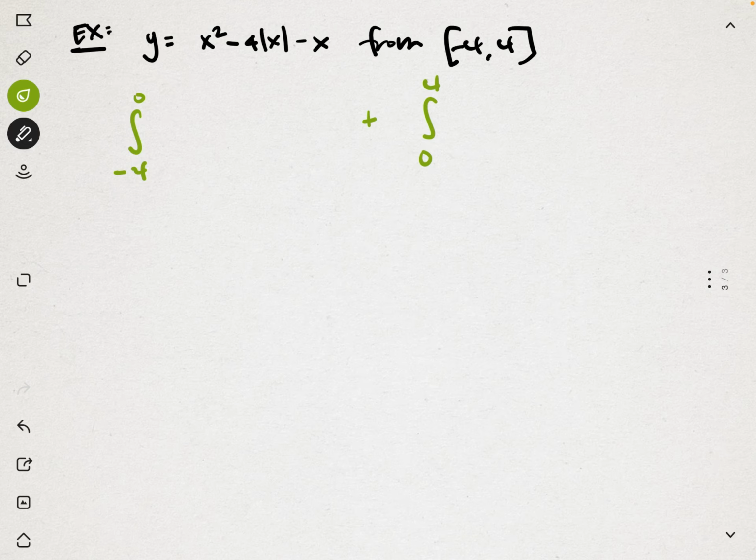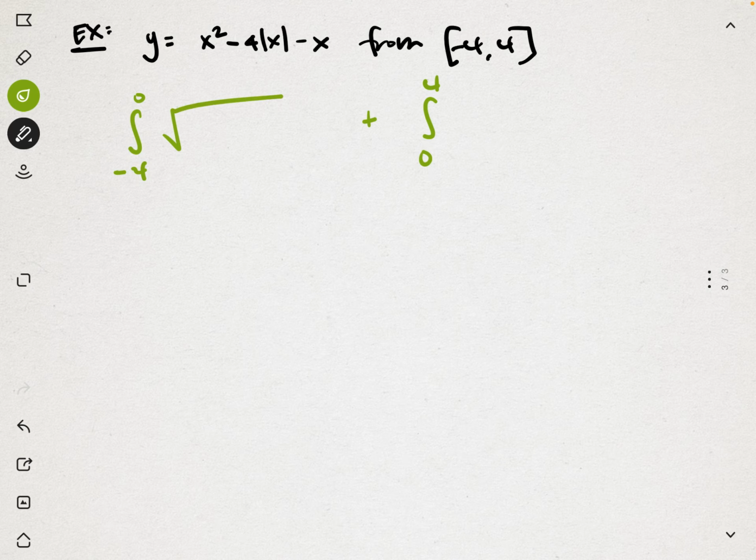And then we're going to set this up as the derivative. I don't know what the derivative of this absolute value is going to be. The absolute value of x is going to be positive when it's negative and negative when it's positive.